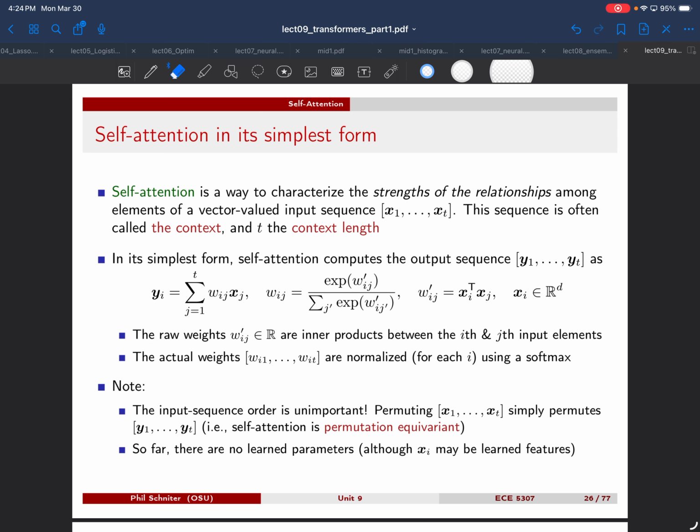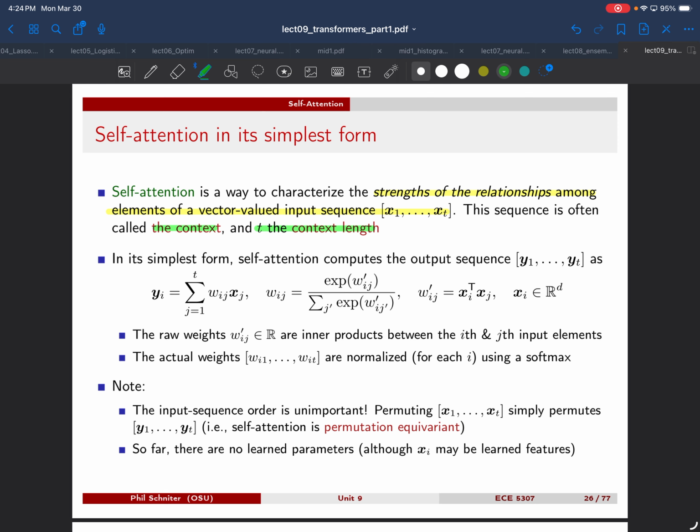You could basically say this is the strength of the relationships among the different elements in your vector-valued input sequence. So this is the input we're working with. Each one of these is a vector. There's a total of T of them. People refer to this sequence as the context, and they refer to the length of that sequence, T, as the context length.